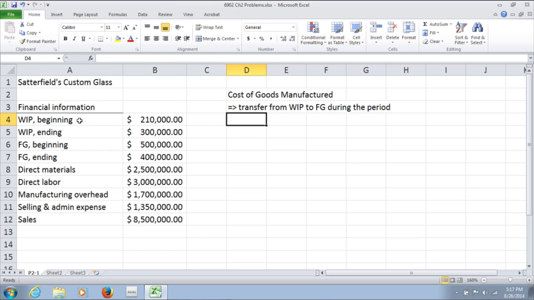So what left work in process and went into finished goods? In order to determine this, we have to conduct an account analysis of work in process.